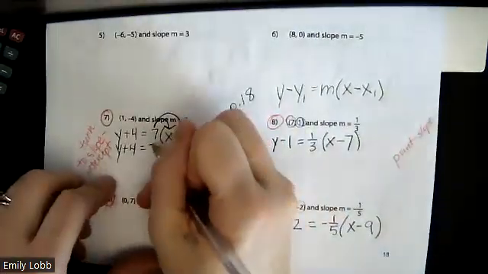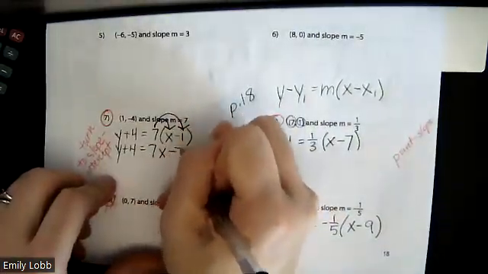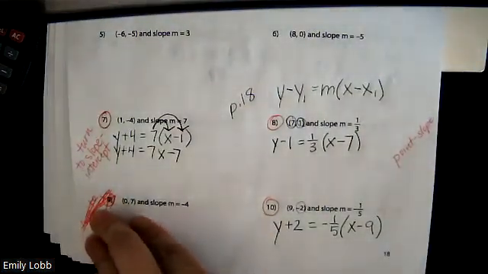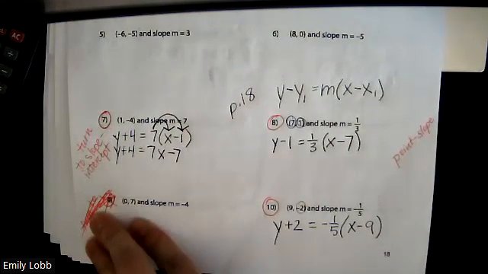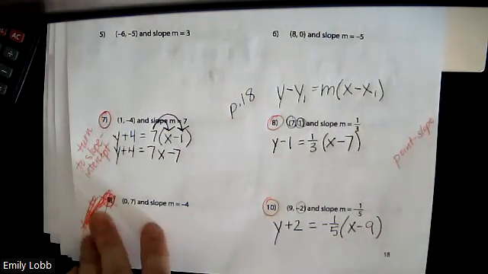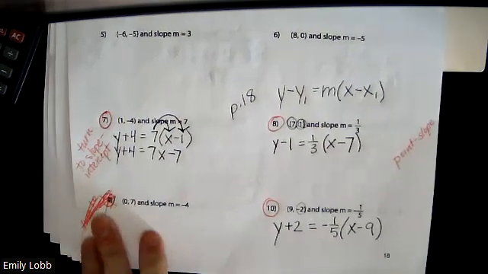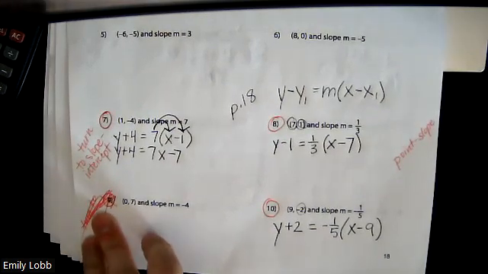So this should be 7x minus 7. So in this part, in 19, it should say 2x minus 6. So make sure you've made those corrections. In this part, in number 20, it should be negative 4x minus 16.